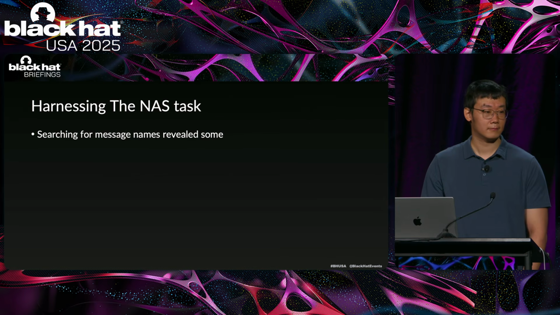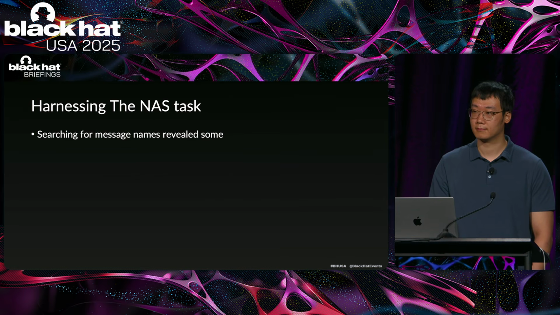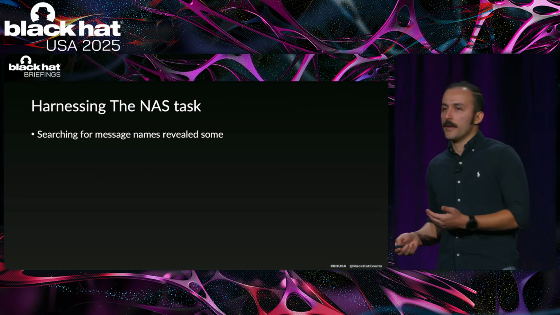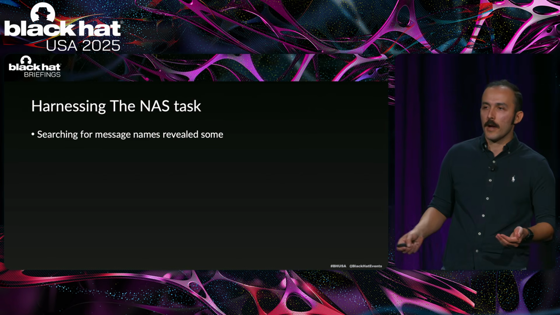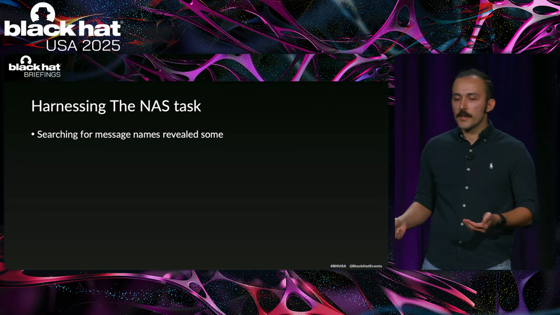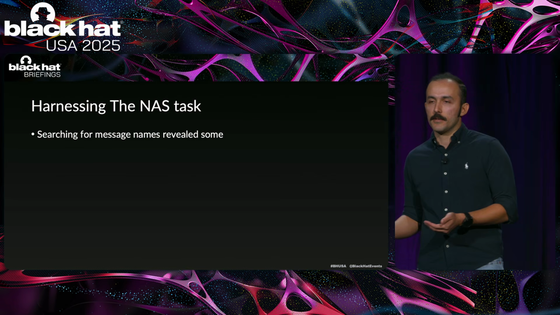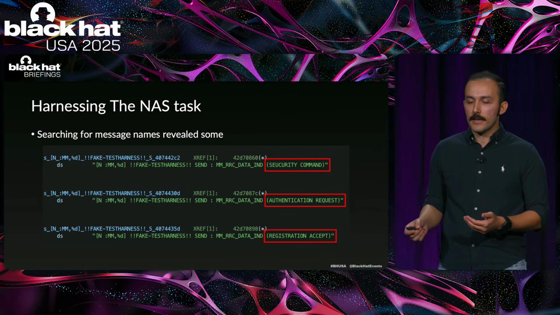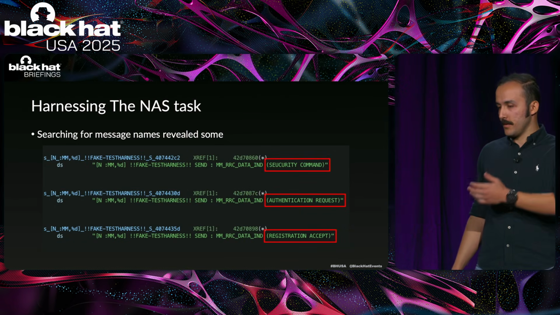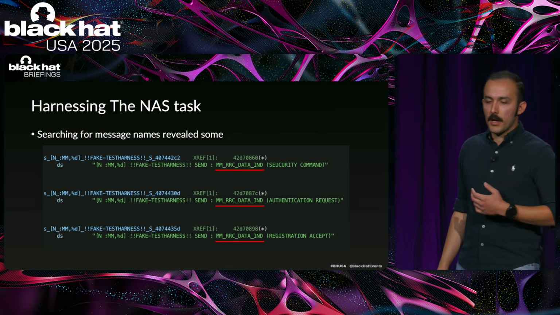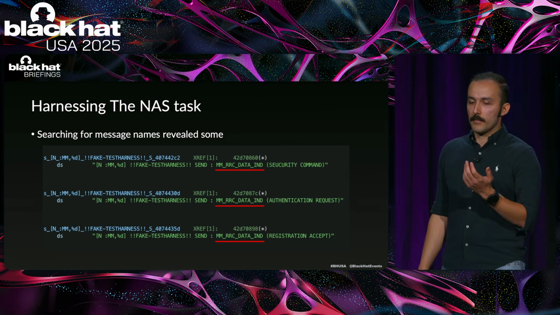Now that we got some nice readable decompiled code, it's time to actually find the implementation we want to fuzz. So I turned to the greatest reverse engineering tool of all time, string searching. I searched for the known 5G NAS message names, and that led me to these strings. Of course, there were other hits too, but DATA_IND among them stood out.